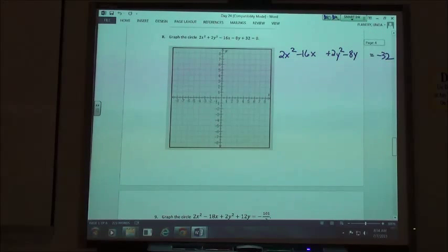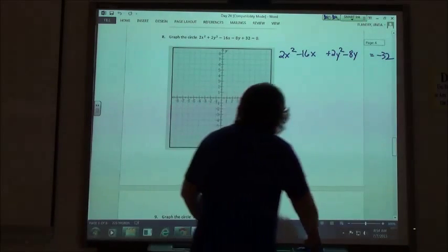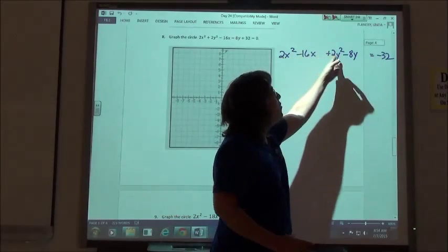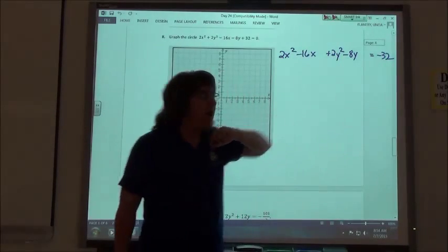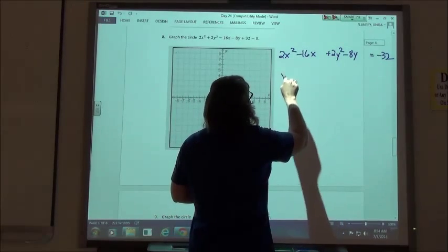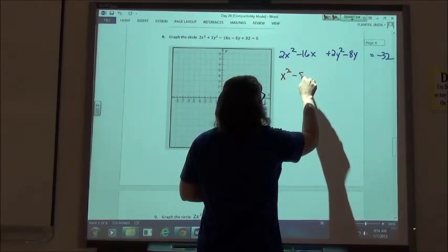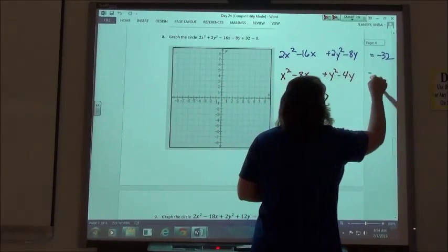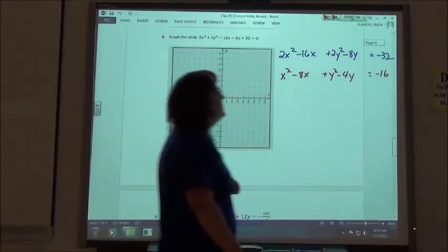And so in this case, I would want to divide everything by 2. They're not going to give you anything that doesn't have the same coefficient in front of your x squared and your y squared, so they all should work out nice. I'm going to divide everything by 2, so I get x squared minus 8x plus y squared minus 4y equals negative 16 then.